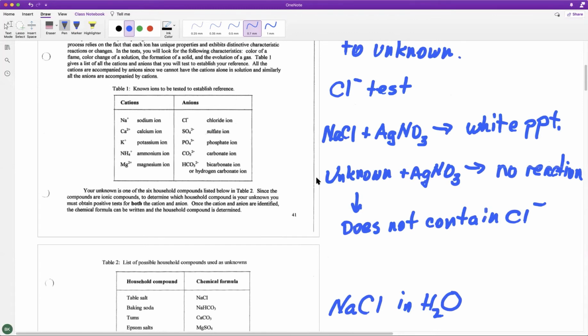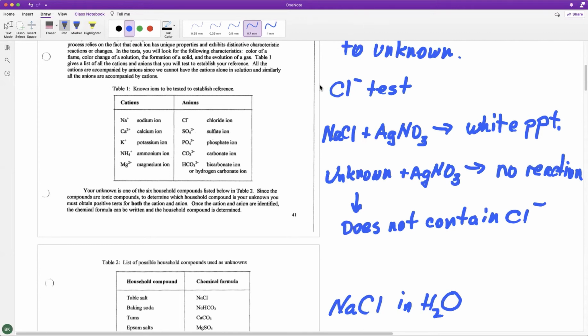And then we test our unknown. If that unknown does the exact same thing that the known does, changes the color, gives off bubbles, forms a precipitate, then we know that that particular solution contains the sulfate ion. In this case, if it had the sulfate ion, it's going to turn blue.